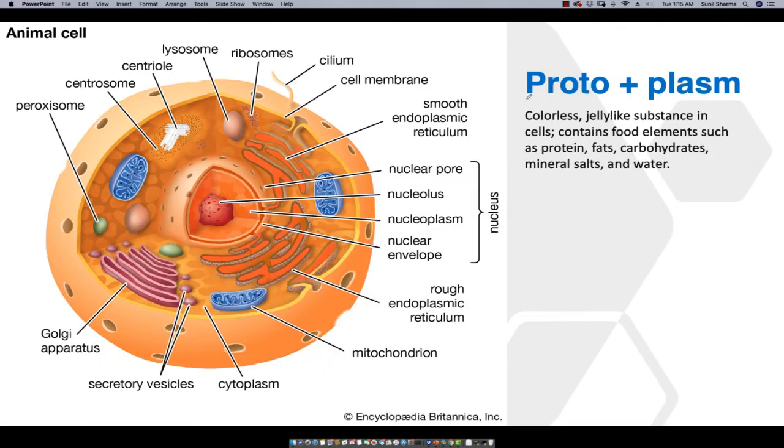So let's take a look at protoplasm. The definition of protoplasm is a colorless, jelly-like substance in cells that contains food elements such as protein, fats, carbohydrates, mineral salts, and water. So it is a clear, jelly-like substance which is all around the cell. But what's floating inside are the proteins.